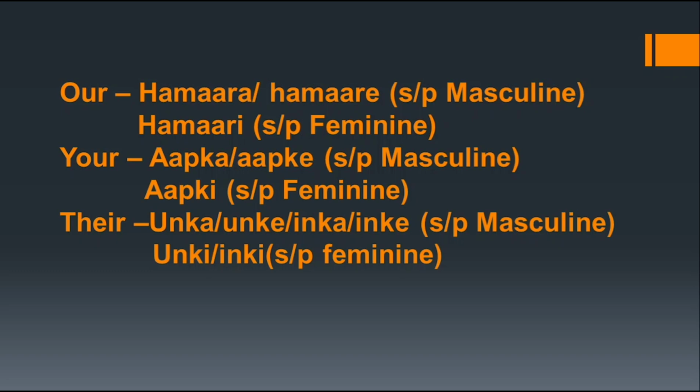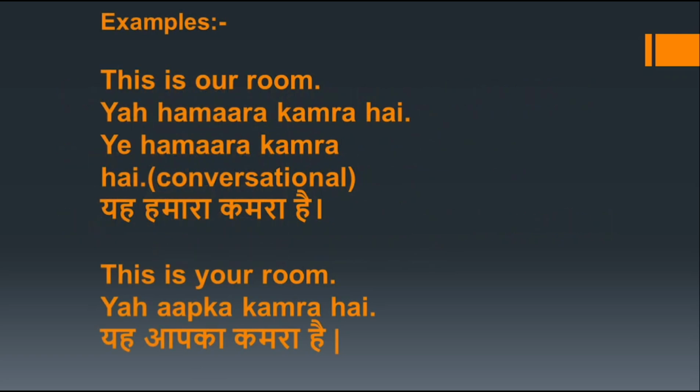Let's see some examples to understand it better. This is our room. This is our room. So this means yeh, is means hai, our is hamara, hamare, hamari, room is kamra.